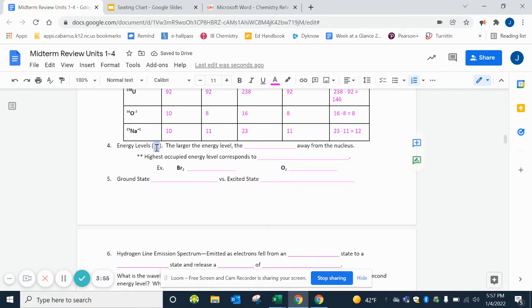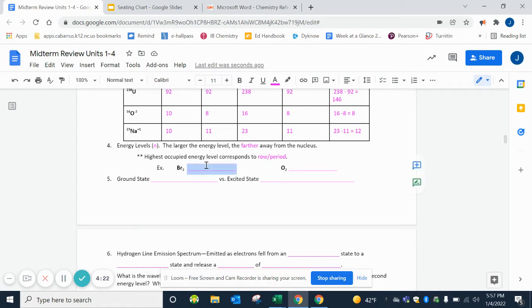Energy level, remember the symbol is N, and we can look at the Bohr model on page 8 to remember that. The larger the energy level, the farther away it is from the nucleus. Using the periodic table, the highest occupied energy level corresponds to the row, or period. Rows and periods go horizontally across, and there are 7 periods and 7 rows.